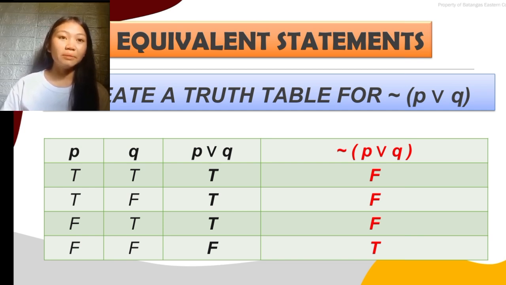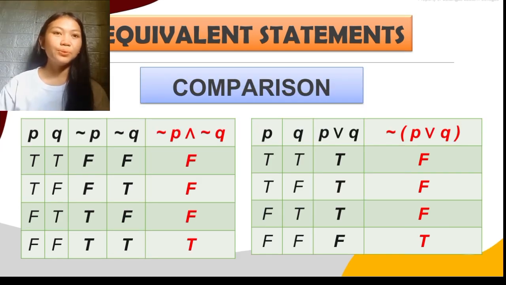So, we negate it. To get the answer of not (P or Q), we base on our answer for P or Q, and we just reverse it. In the last table, the comparison, we compare not P and not Q with not (P or Q).